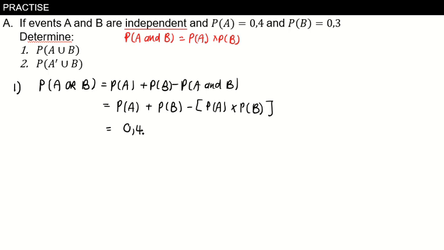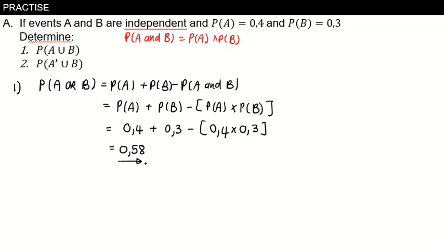We have 0.4 for probability of A, we have 0.3 for probability of B, and then to get the AND part, we can just multiply these two probabilities with one another. So that would then mean that this answer is 0.58. Type it exactly into the calculator and get an answer.